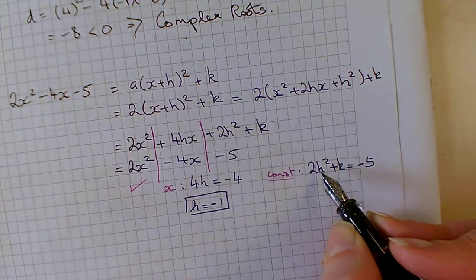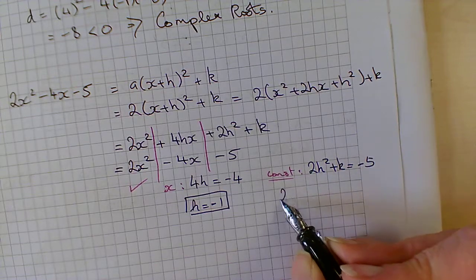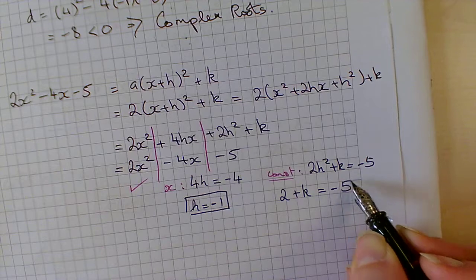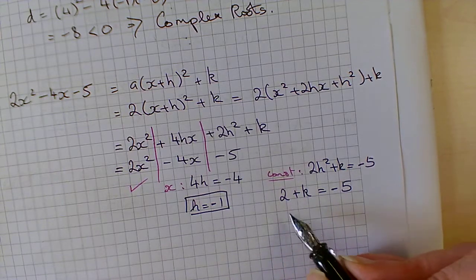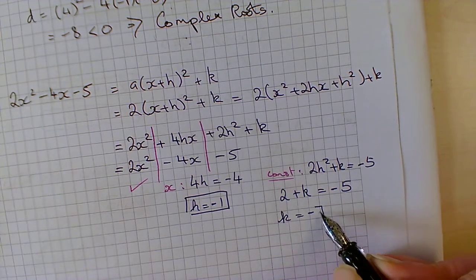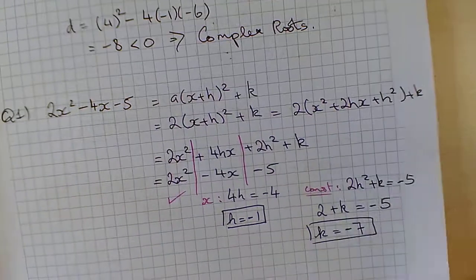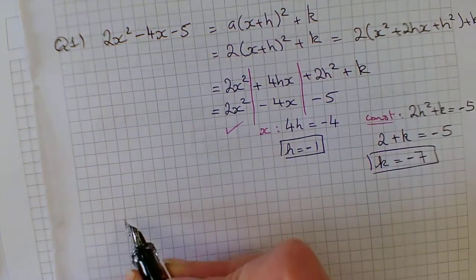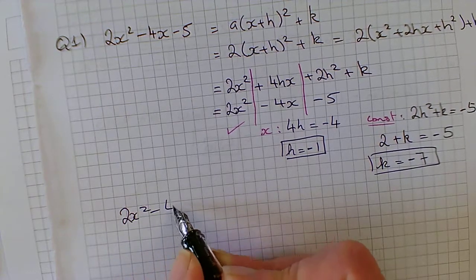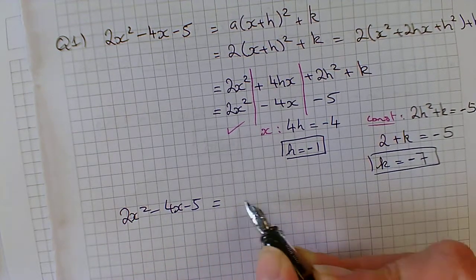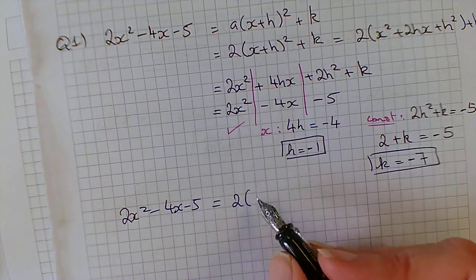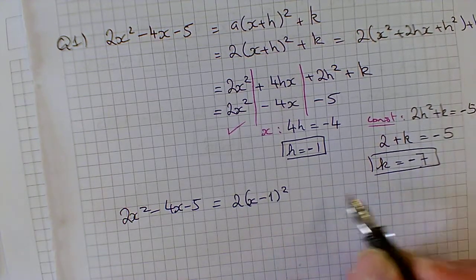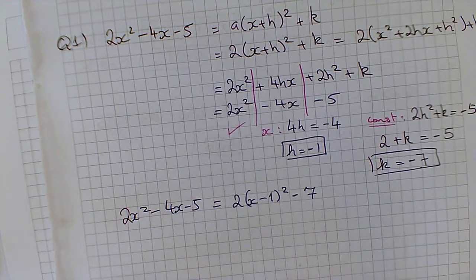But we know that h is minus 1, so h squared is 1. So 2 plus k is equal to minus 5. You can fill it in or you can do it in your head. K is equal to minus 7. And I'm not finished until I fill it back into my formula up here. So 2x squared minus 4x minus 5 is 2 bracket x minus 1 all squared minus 7.